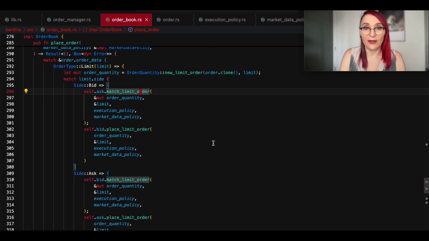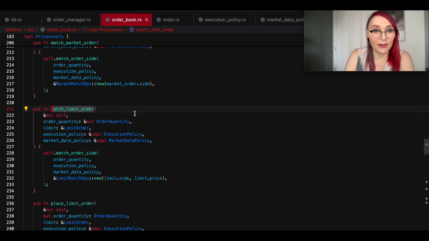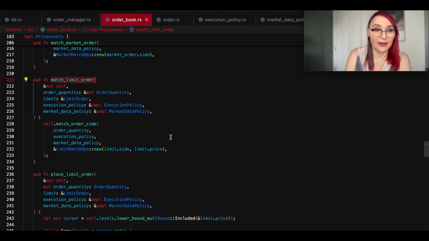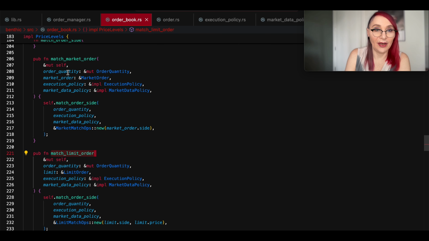Okay, let's see the match order. So this is a function match limit order, and it is on price levels, okay? So price levels is an arbitrary where each level has a queue of orders, of order quantities. But this says match order side because match limit order apparently is the same as match market order, except that there are different operations for the market and for the limit that need to be done, okay?